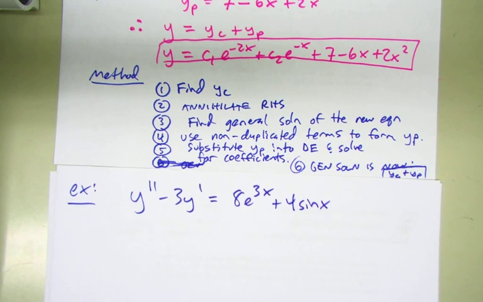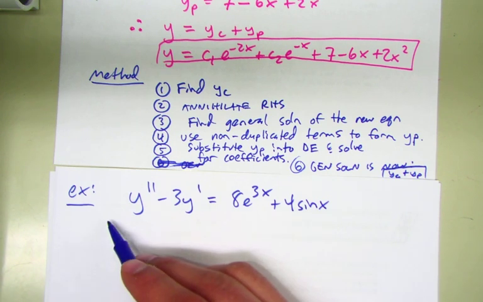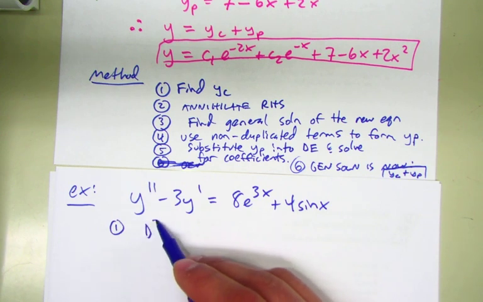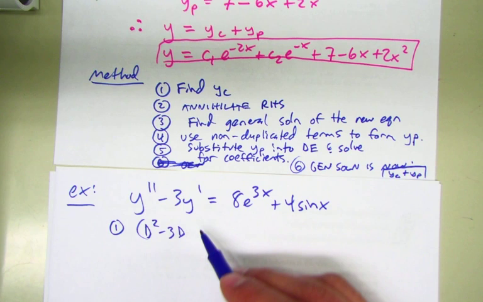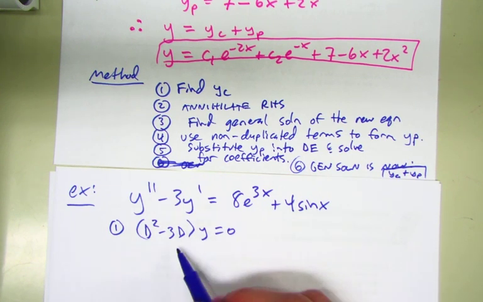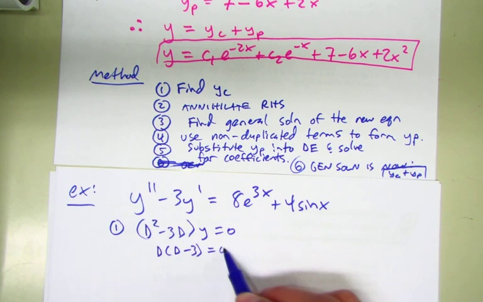Okay, if it's all right with you guys, I'm just going to use d's exclusively now rather than writing the auxiliary equation in terms of m. Okay, so I'm going to follow my steps here. So first, I'll write this in differential operator form. And so from here, we know that d times d minus 3 needs to equal 0.